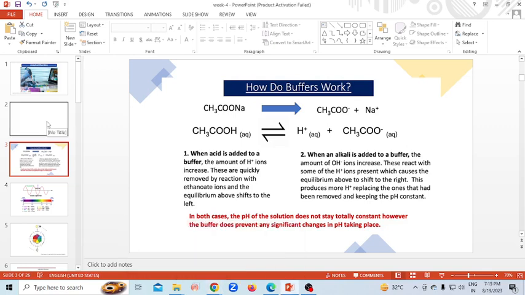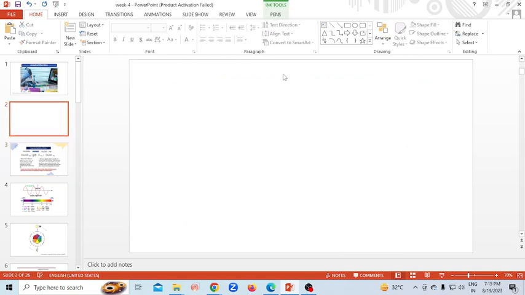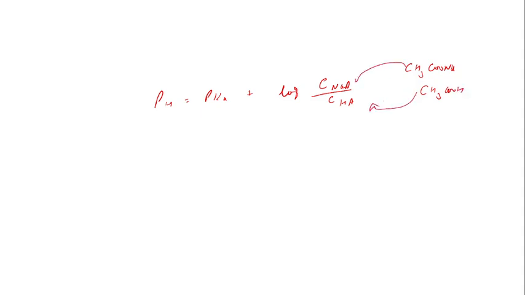Okay, so next we will discuss the Henderson-Hasselbalch equation, which will help to calculate pH when the pK value is given. pH equals pK value plus the concentration of the sodium salt of the acid divided by the concentration of HA, the acid. An example is CH3COONa and CH3COOH, one reflecting the salt and the other the acid.